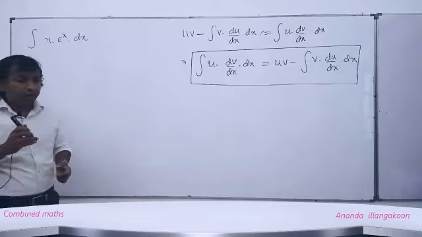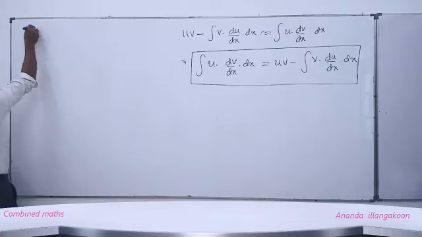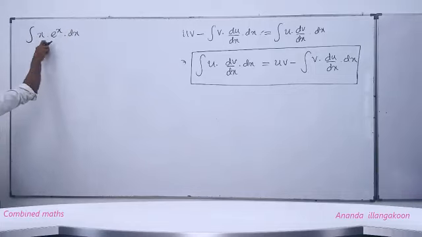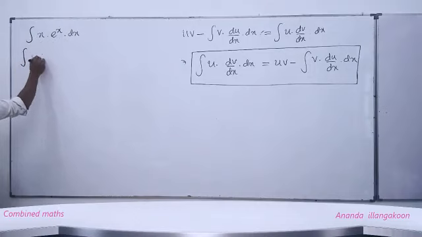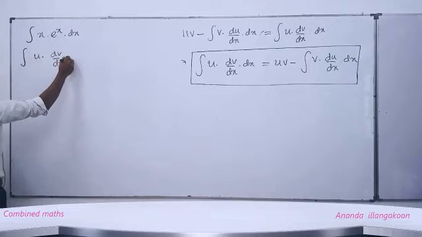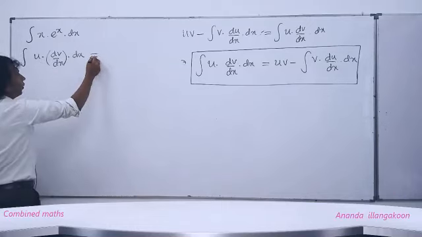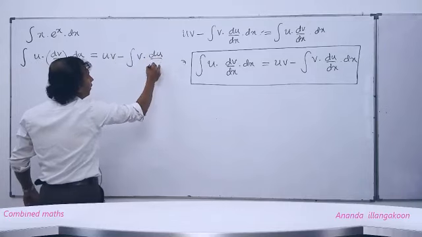So, this is how we integrate it. Now, this one we compare with the left hand side of this by parts formula. Then it is u into dv by dx. Now I am writing the by parts formula again: this is equal to uv minus integral of v du by dx.